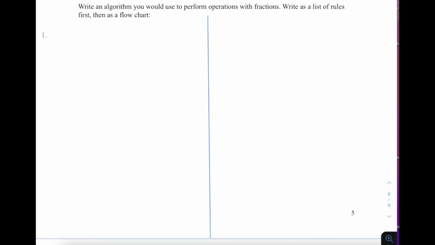So the first thing we want to do when we're operating with fractions is we want to look at the fractions involved. And we want to ask ourselves, are there any whole numbers? And are there any negatives that we can simplify, like we just did in that previous example?